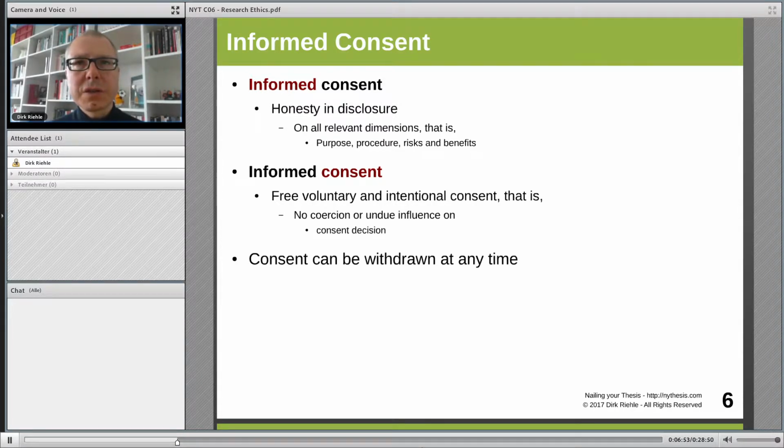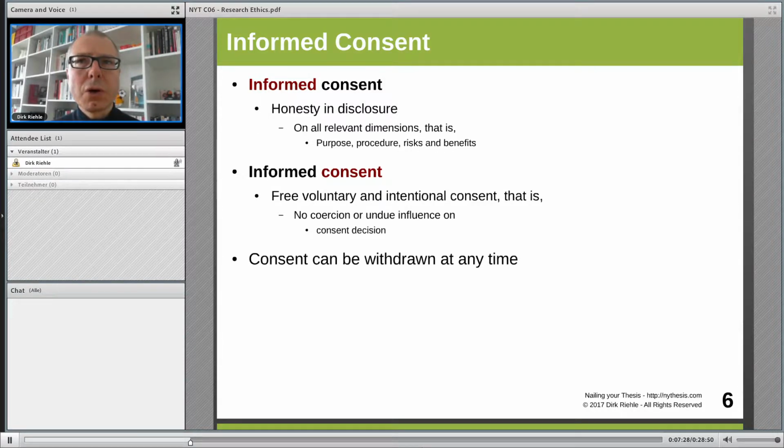So the researcher needs to explain the purpose, all the procedures and the risks involved, can of course talk about the benefits, but the subject of the study needs to understand and fully comprehend what it might mean to them. That means informed consent. And then of course there's the actual consent. The subjects of the study, usually many, need to consent, and that consent needs to be free and voluntary and intentional.